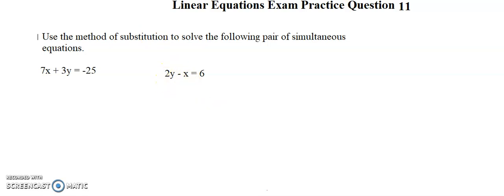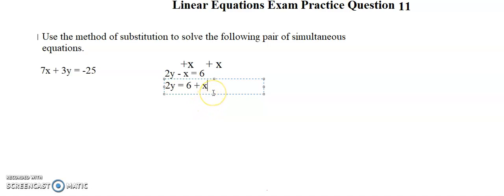So the first thing I'm going to do is add x to both sides. If I add x to both sides, that leaves me with just 2y equals 6 plus x.